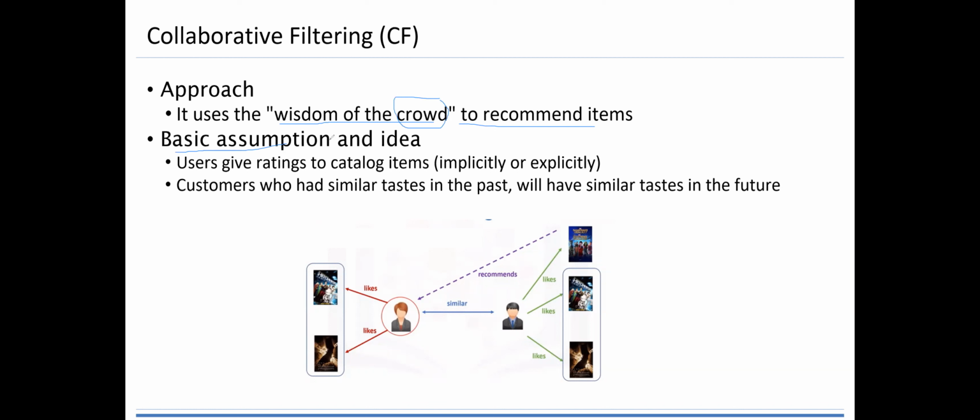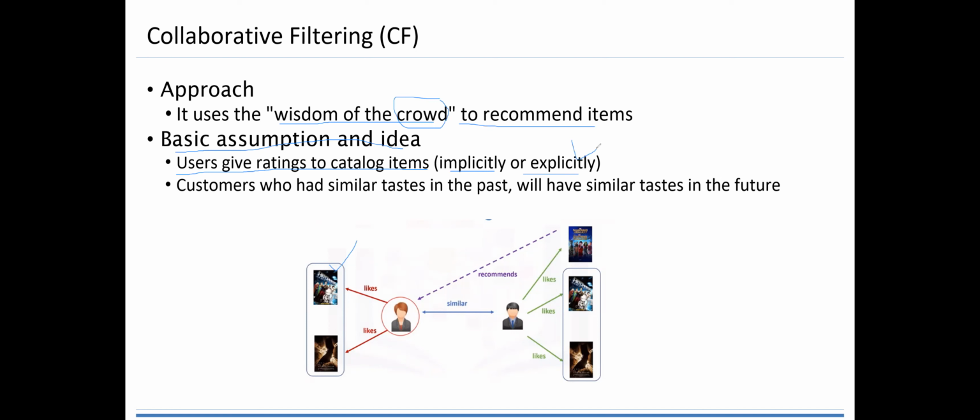The basic assumption and idea is that users give ratings to catalog items. The catalog items means, for example, a user gives a rating to a movie, either implicitly or explicitly. Implicitly, maybe the user just visits or just watches the trailers.